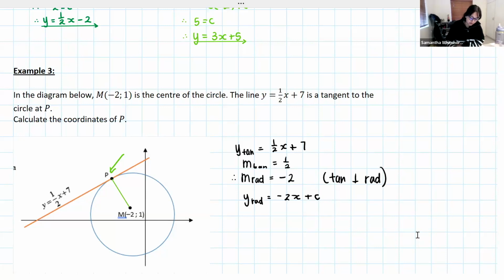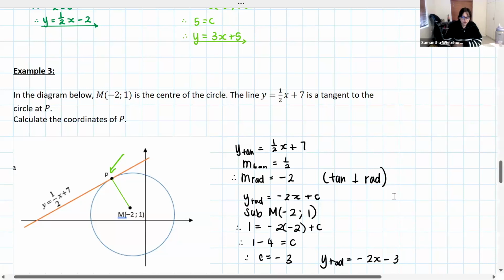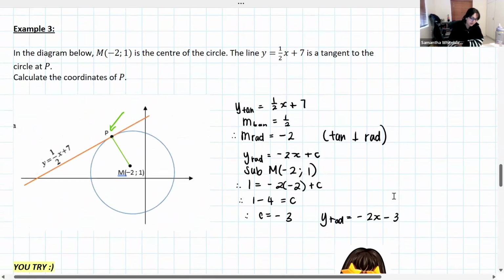M, the center of your circle. So we're going to substitute in the coordinates for M, which is (-2, 1). So 1 is equal to -2 times -2 plus c, which means 1 minus 4 is equal to c. So c is equal to -3. So the equation of our radius is y equals -2x minus 3. And now you've got your two equations. I'm going to run out of space here. You know that this is y equals -2x minus 3.